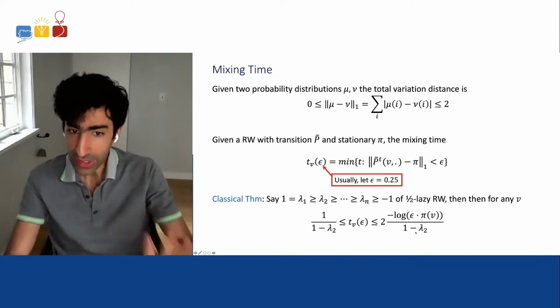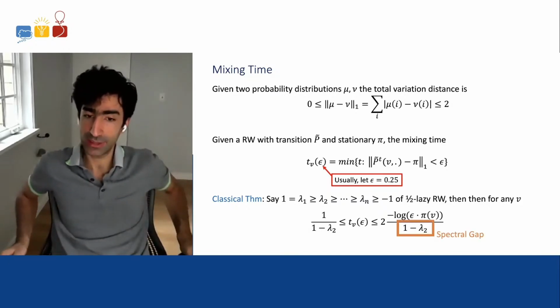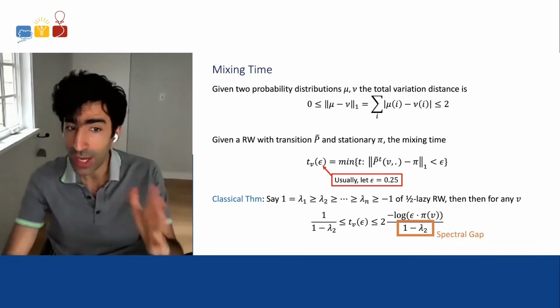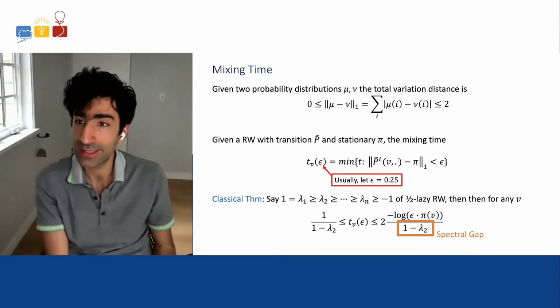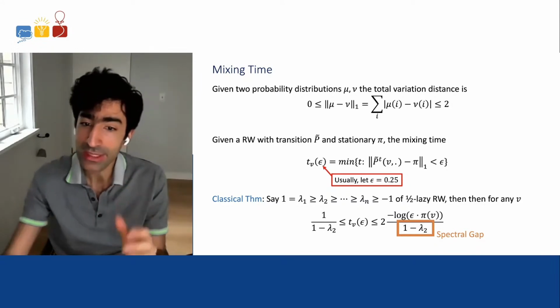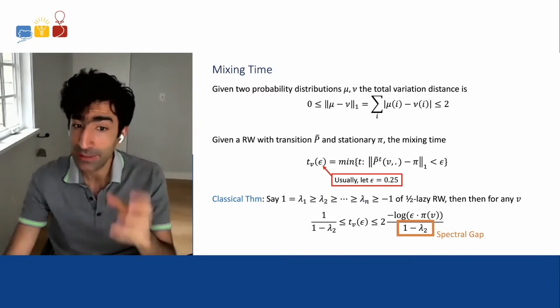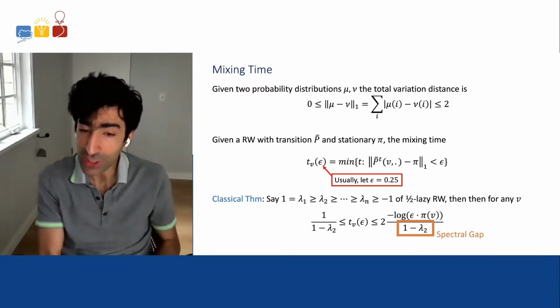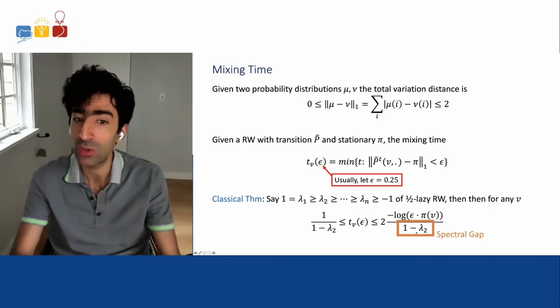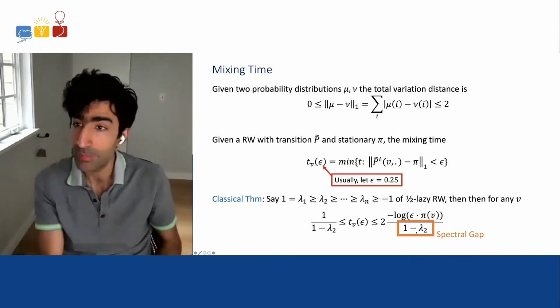The thing I want you to pay attention to here is this quantity in the denominator, 1 minus the second eigenvalue of the transition probability matrix. This quantity is called the spectral gap, and it's a very, very important quantity. Essentially, this is the quantity which dictates how long it takes for my walk to mix.